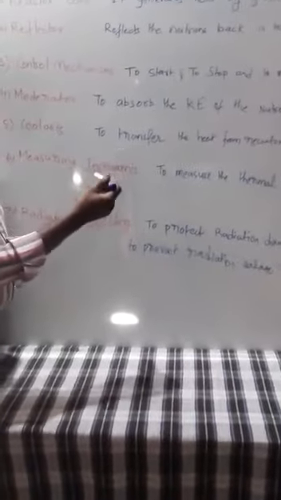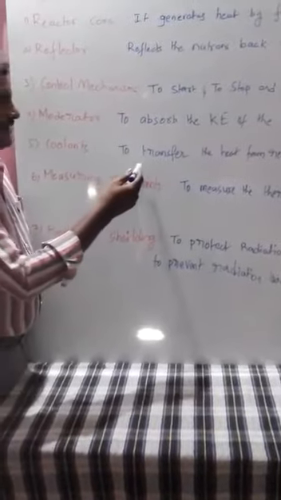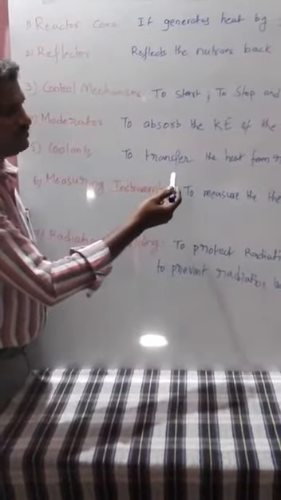And fifth one, coolants. This coolant is a working fluid, generally in a liquid state. This coolant enters the reactor at a cold condition or at a lesser temperature, absorbs the heat from the reactor and transfers the same heat to the steam generator.